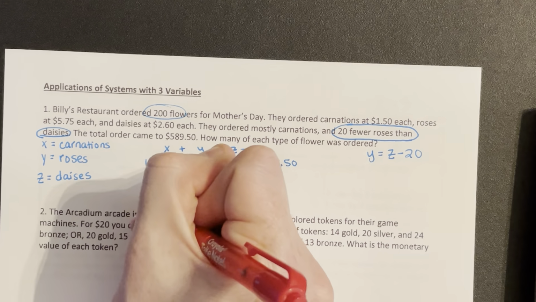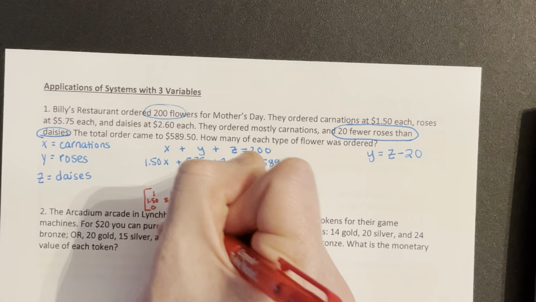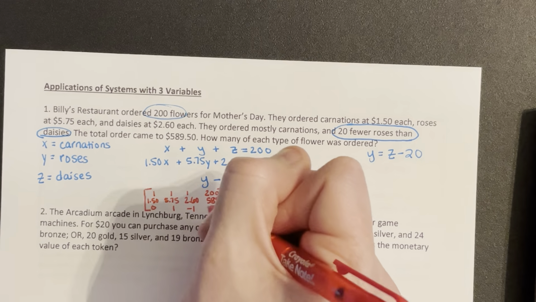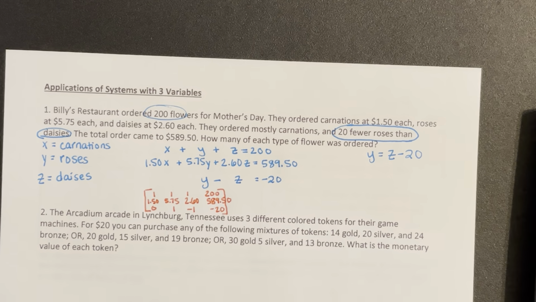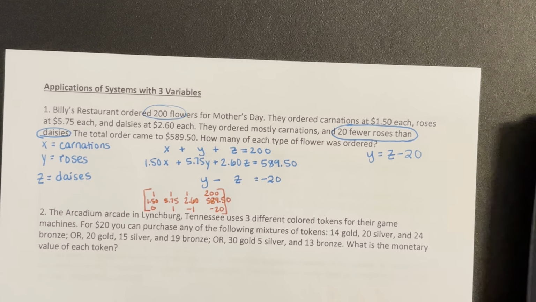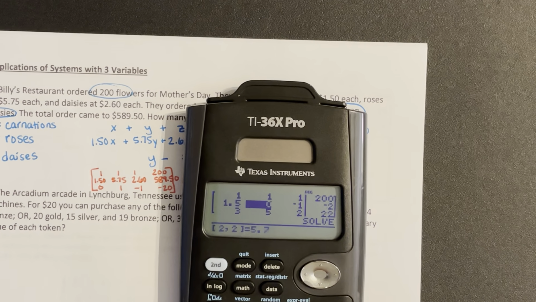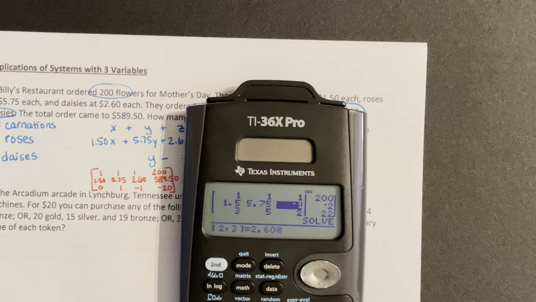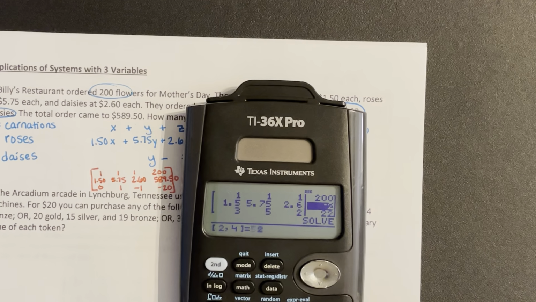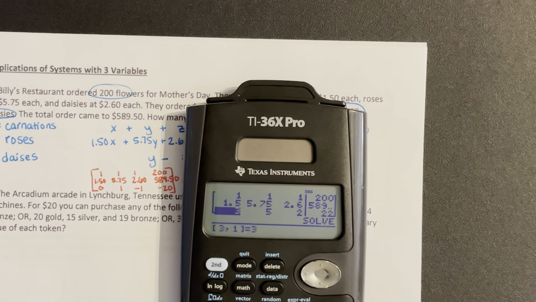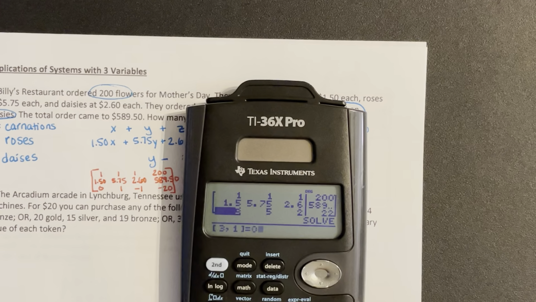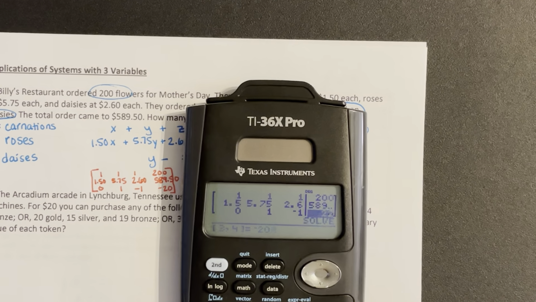The last one has 0 x's, 1 y, and -1 z, equals negative 20. So we're going to type that into our matrix to solve this out. So 1, 1, 1 equals 200. $1.50, 5.75, and 2.60 is 589.50. 0, 1, negative 1, negative 20.